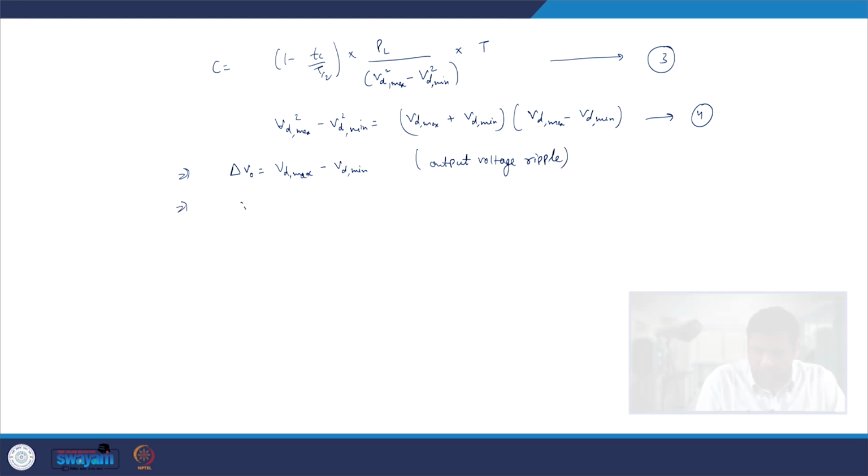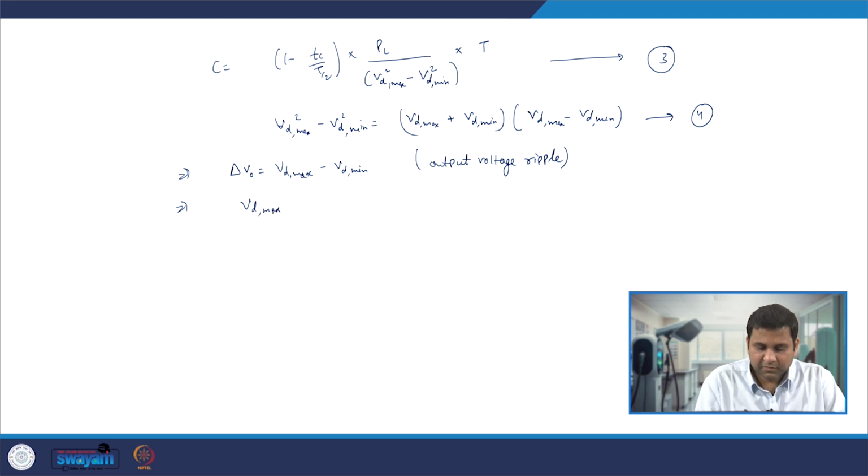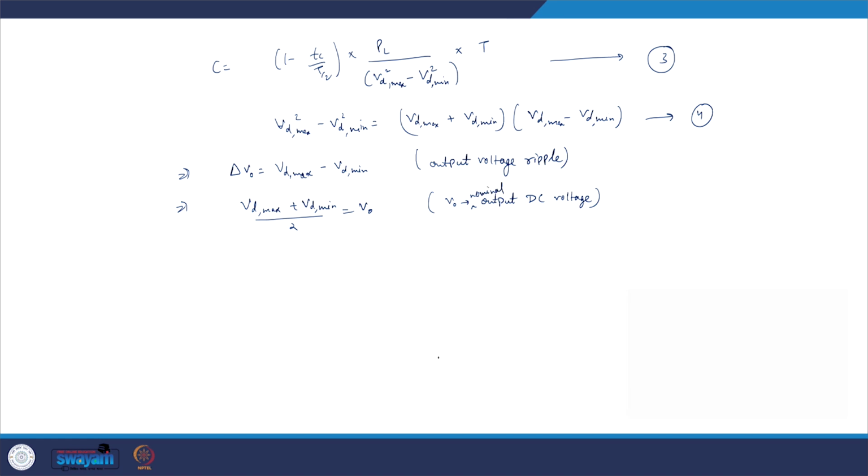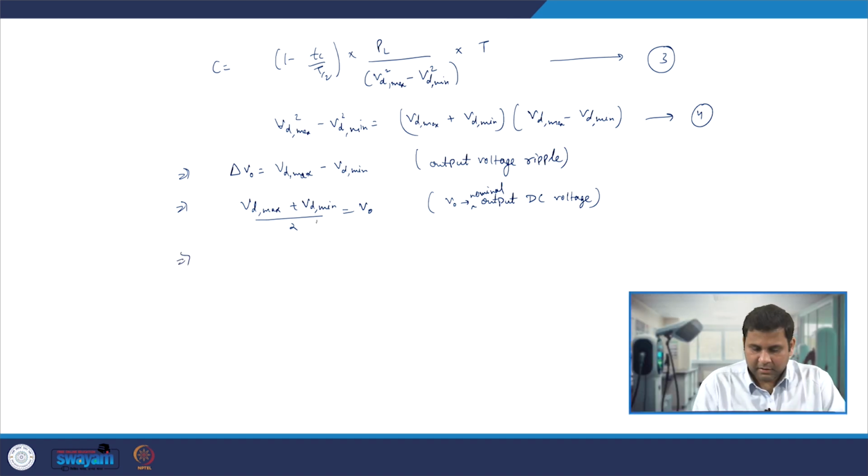Similarly, we can define the average value, VD max plus VD min by 2, which is nothing but the output voltage V naught, the nominal output DC voltage. We can put this expression in equation number 4, and VD max square minus VD min square is nothing but 2 V naught times delta V naught.